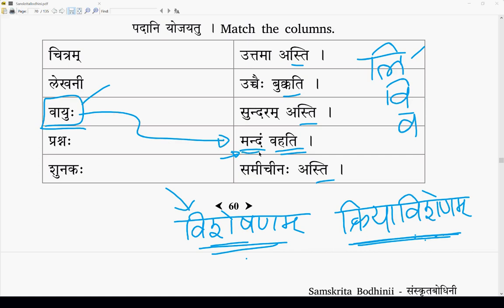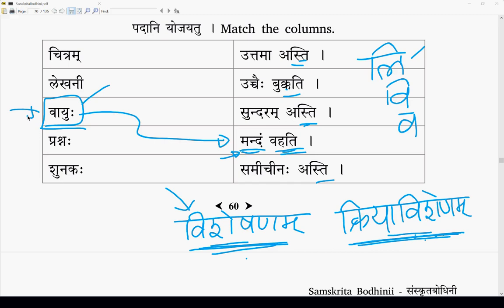Now Mandam is a Kriya Visheshanam, which is also a Namapadam. Remember that. Anything other than those ending in ti and the like, such as Gachatu, Likhatu, which are also kriya padam, everything else is a namapadam. Visheshanam is also a namapadam. Kriya Visheshanam is also namapadam.